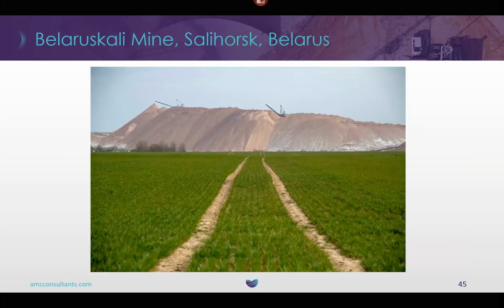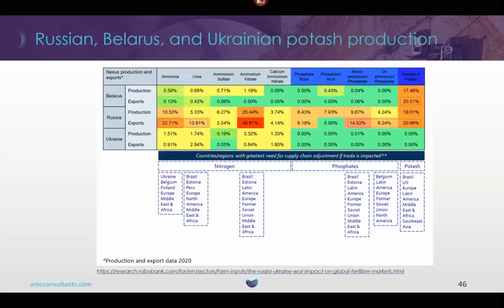It was Lithuania's unilateral decision to ban the importation of potash from Belarus which caused the local price spike. And as you can see again, how dependent at least the European market is on the production of ammonia, potash and phosphate coming from Belarus, Russia, and Ukraine.